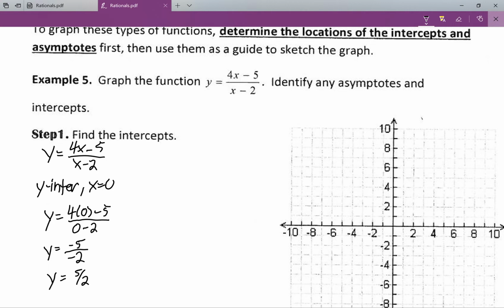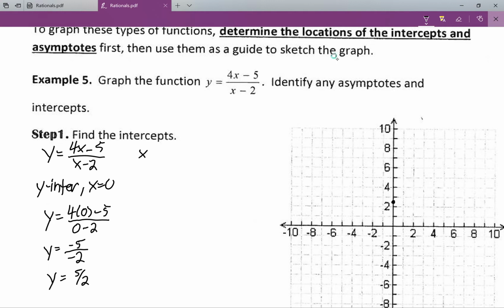So that tells me that I'm going to have a y-intercept at 5 over 2, or rather a y-intercept at 2.5. Just because I have my graph right here, we'll fill that in, and at 2.5, I'm going to indicate my point right there.